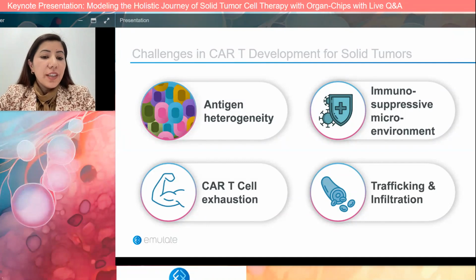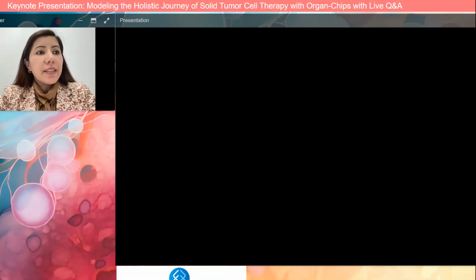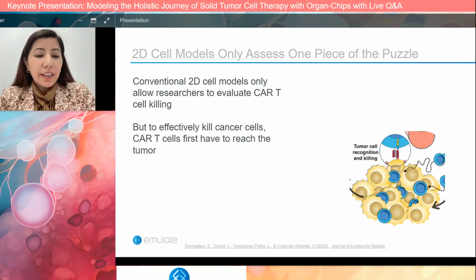But really, none of these three factors matters unless the CAR T cell actually reaches the solid tumor, which is why today we want to focus on the challenges of CAR T cell trafficking and infiltration. For blood cancer, CAR T cells are administered directly into the bloodstream where the cancer is, and they can recognize it and kill it.